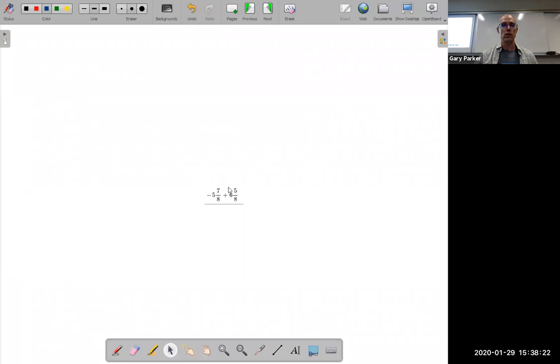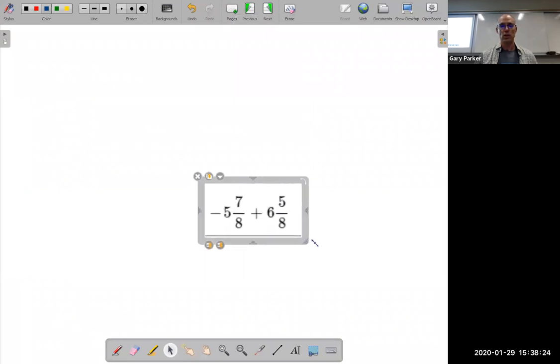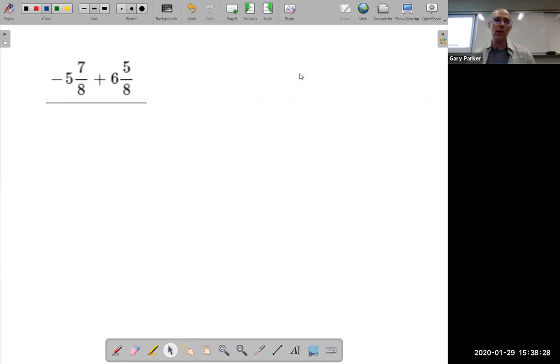Okay. So a couple things to think about here. Last class, was I in favor of working with mixed numbers? No, I was not, right? So the first thing I would do here is rewrite this as improper fractions.